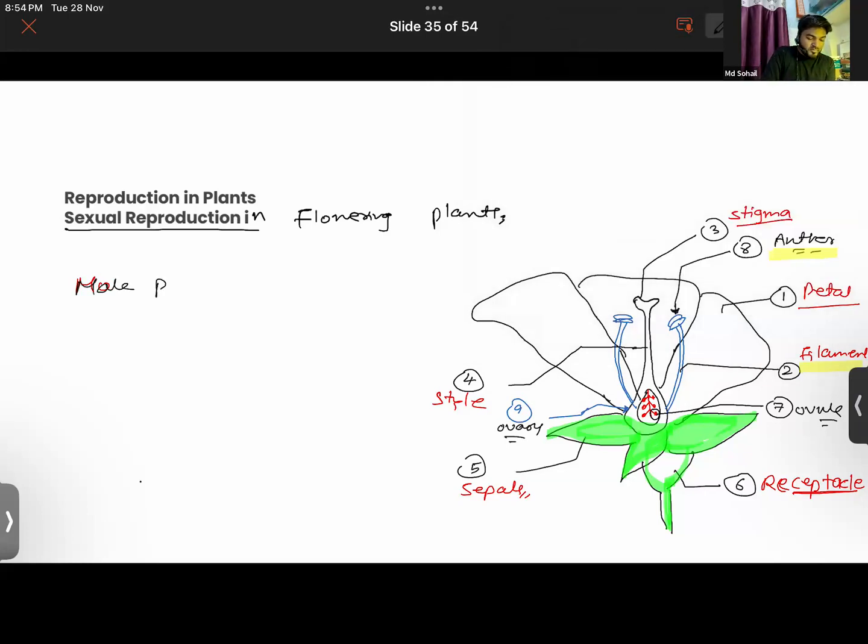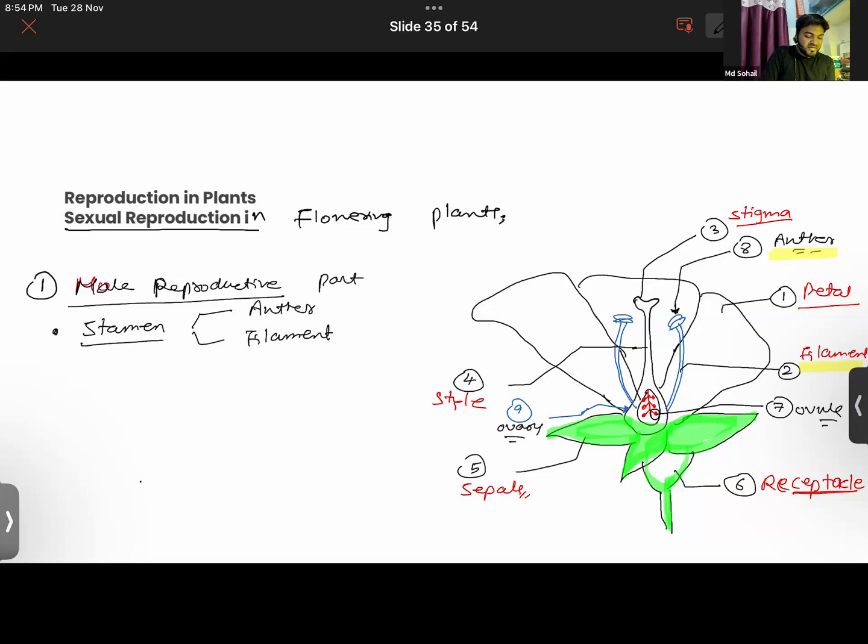So the male reproductive part of the flower is anther and filament. Together they are called stamen. It is made up of anther and filament. Stamen.